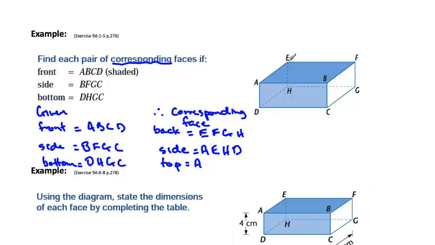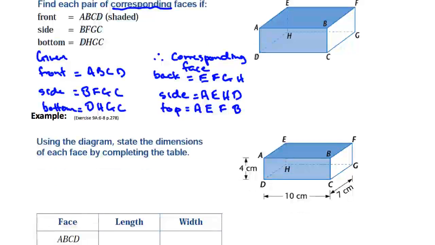H is over here, so we would have E next. G is here, so up to F. And C is here, so we'd go up to B. And that's what we mean by corresponding faces, labelling them in a corresponding way. It's not hard to do once you know exactly how to do it.